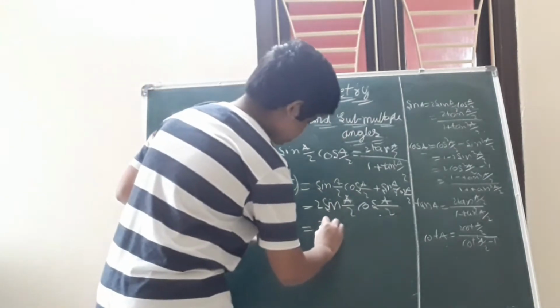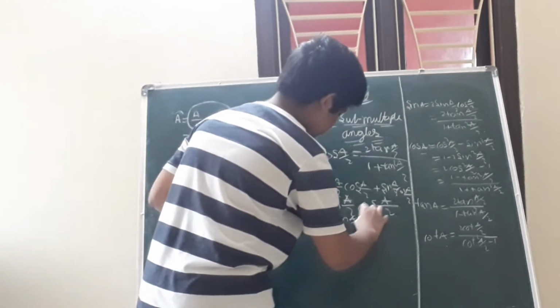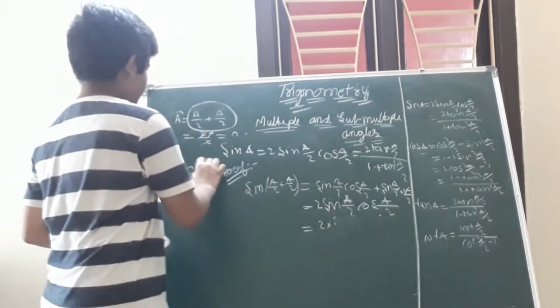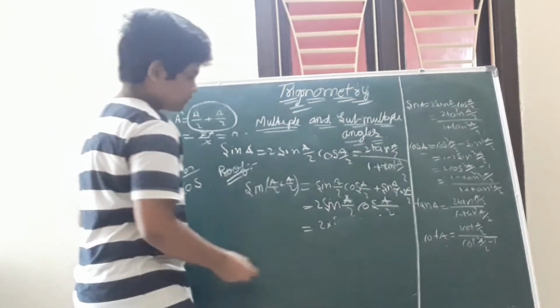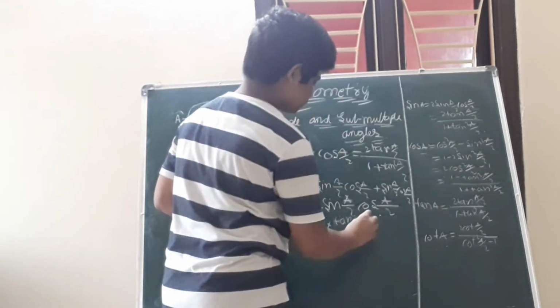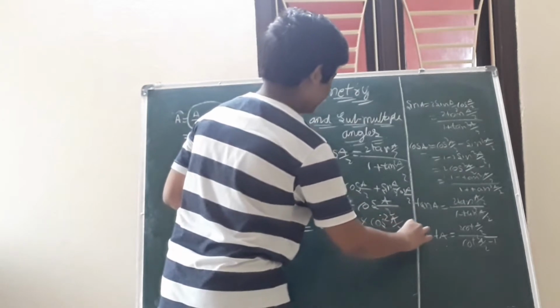So it becomes 2 into sin A by 2 by cos A by 2, which we know that sin by cos is tan. So it becomes tan A by 2 into cos A by 2 into cos A by 2, which becomes cos square A by 2.